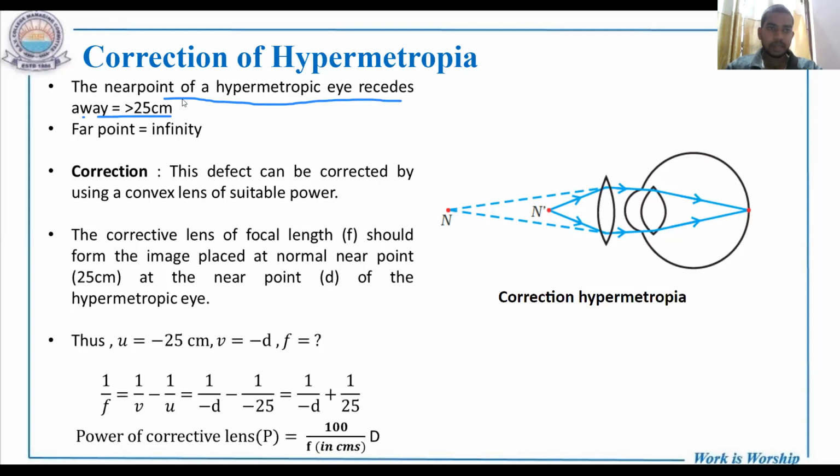So, the near point of a hypermetropic eye. Near point means the closest point up to which it can see. Here we can see far distances, but nearer distances we cannot see. So the nearest point is greater than or equal to 25 centimeter, and the far point is at infinity. So it can be corrected.